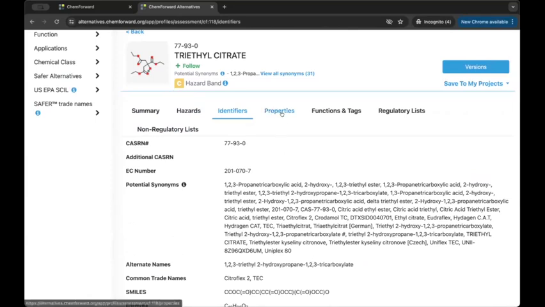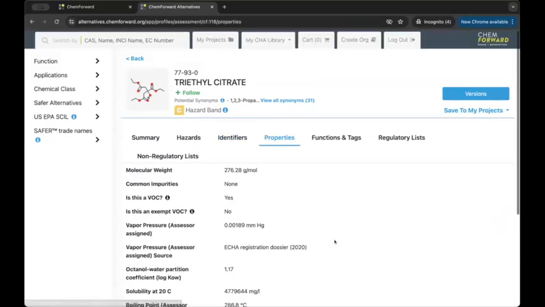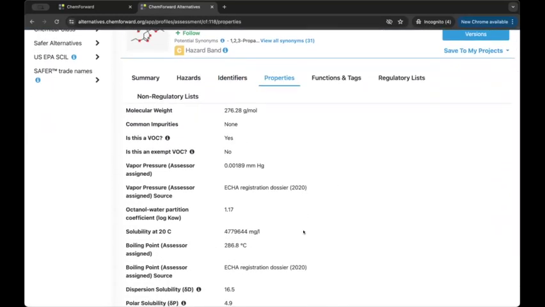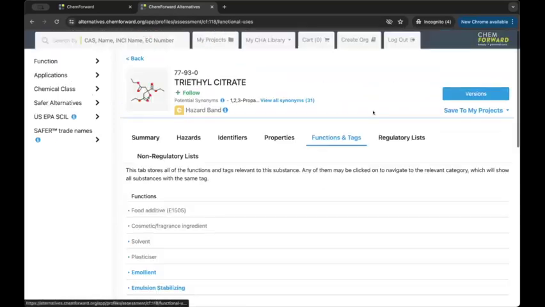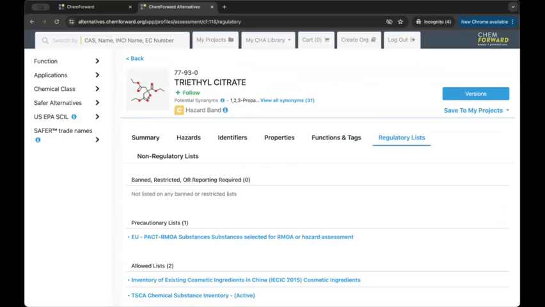So all of this has been specifically sought out by the assessor group and then also peer reviewed by a verifier. And this often is a really iterative process where they go back and forth, making sure that everything is verified and completely correct and is highly curated. And that also goes for the functions and tags and regulatory lists.